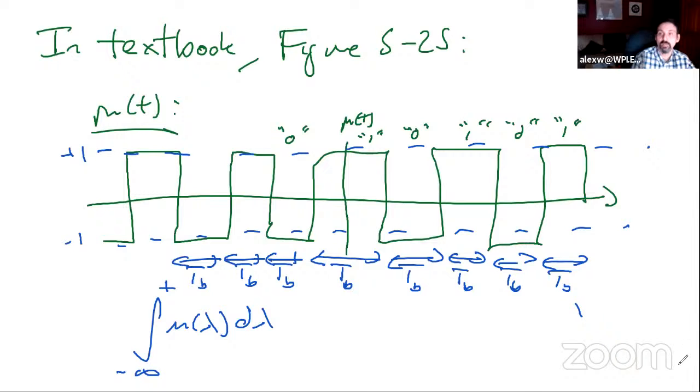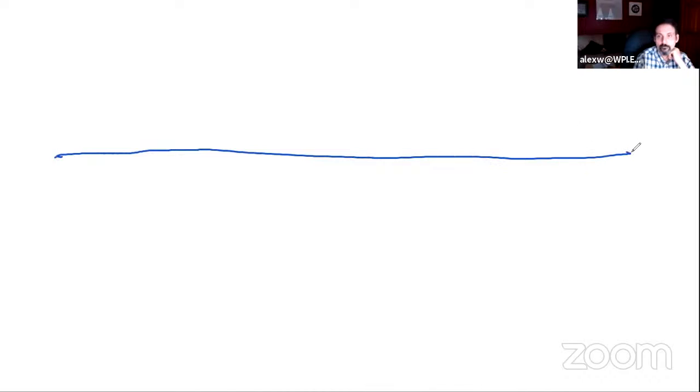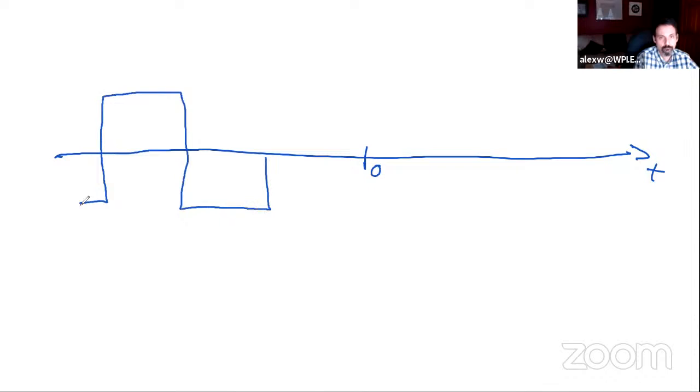This would be an accumulator. If we look at one accumulation, it would look something like the following. That's 0. Suppose we had something like a cycle, like that.